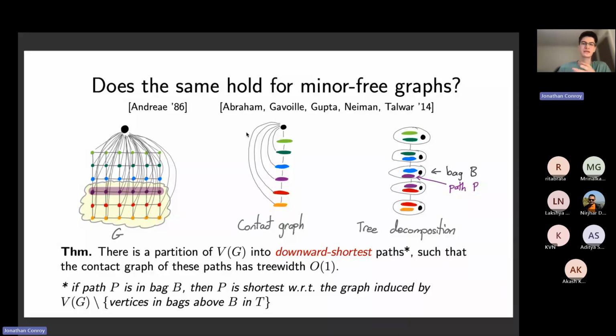So essentially we imagine iteratively constructing these shortest paths. And the guarantee is that whatever path you create in the current iteration has to be shortest after you've removed everything that came before you.